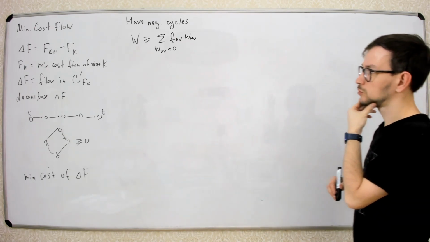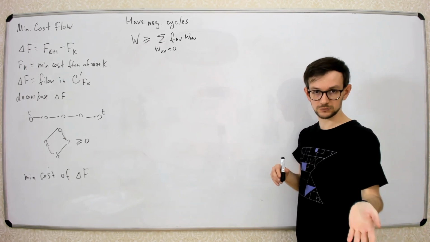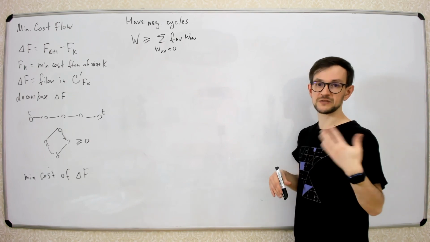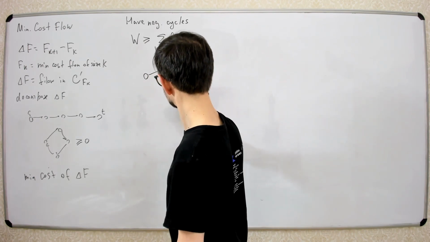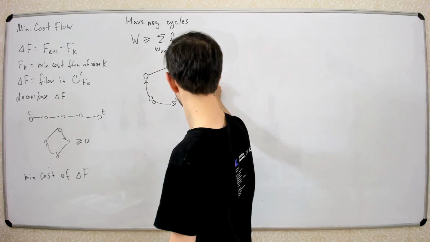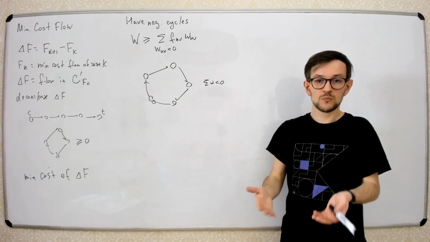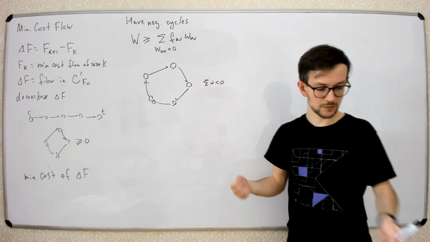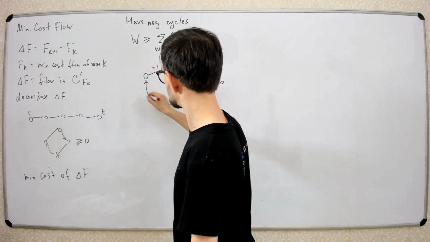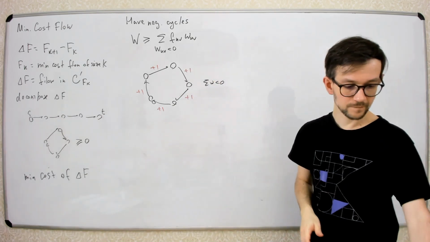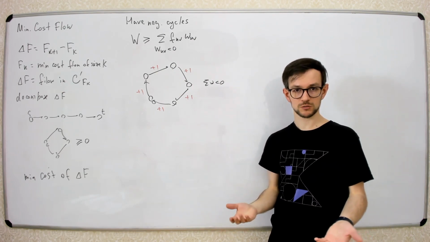We just need to find it. How will we find it? We'll do a very simple thing. Let's find some negative cycle, where the sum of weights is less than 0. What can you do if you have a negative cycle? Well, you can push a unit of liquid through the cycle, right? So you can increase the flow by 1 using this cycle. If you push 1 unit of liquid through the cycle, you will decrease the total cost.